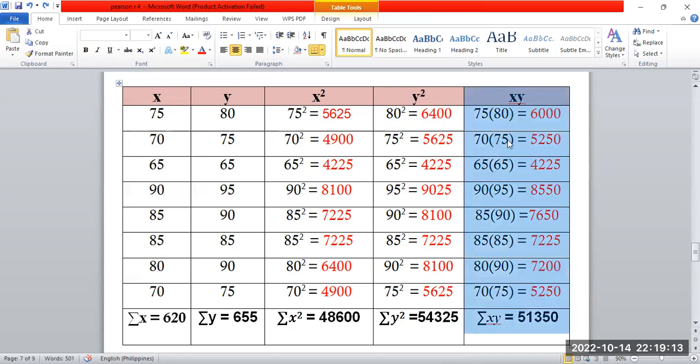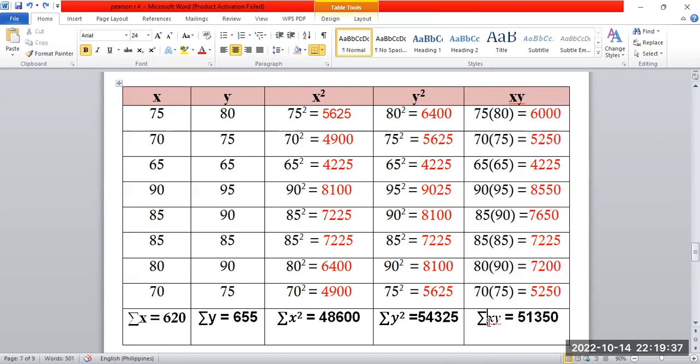Okay, so sinolve ko na lang din siya dito sa table. Okay, so we have 6,000, 5,250, 4,225, 8,550, 7,650, 7,225, 7,200, and 5,250. Then add all this and that is equal to 51,350.